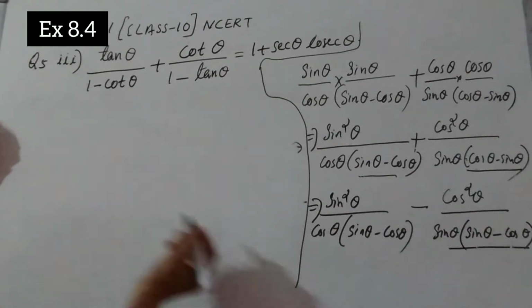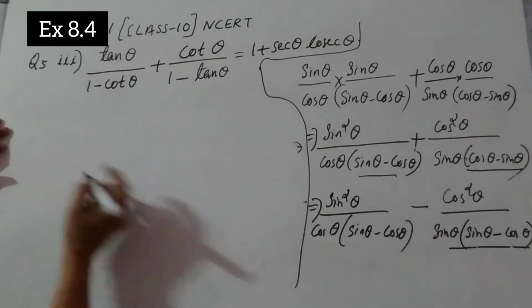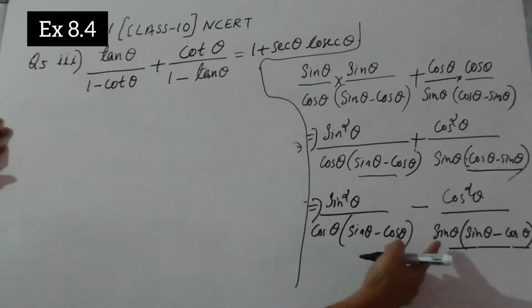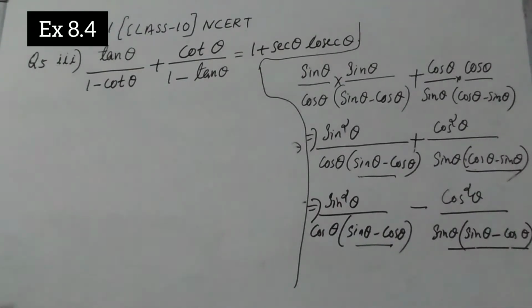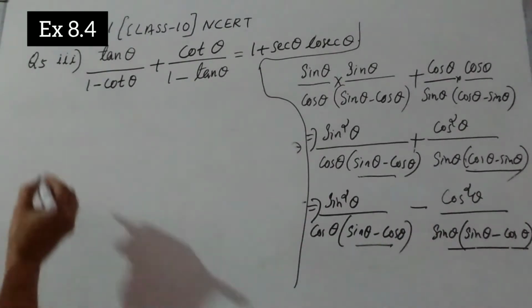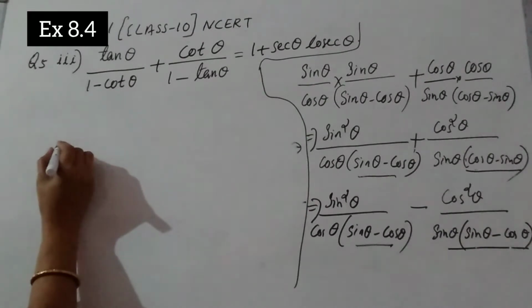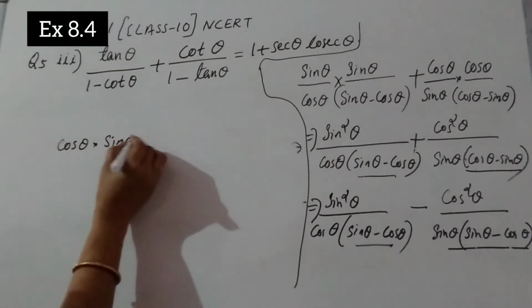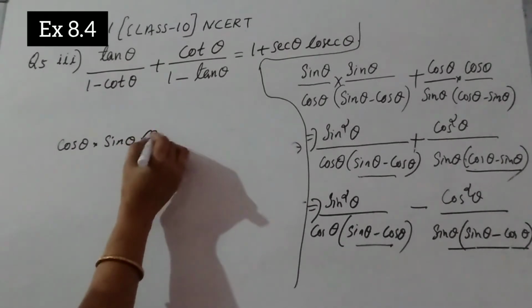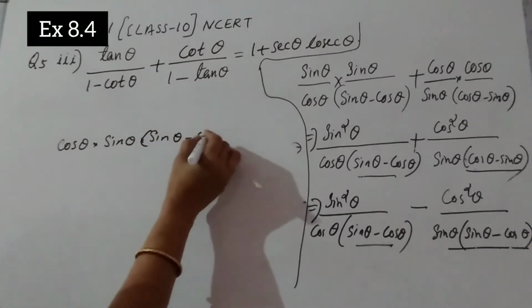So when we take the LCM, the denominator is cos theta into sin theta into sin theta. Sin theta minus cos theta is common, and cos theta into sin theta also will come. So we can write the denominator as cos theta into sin theta into sin theta minus cos theta.